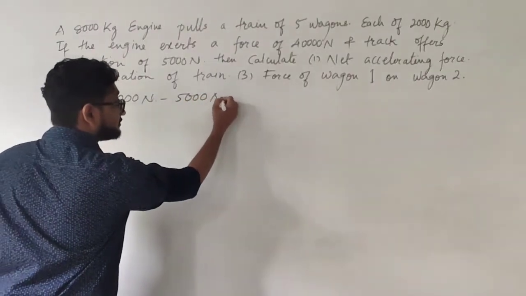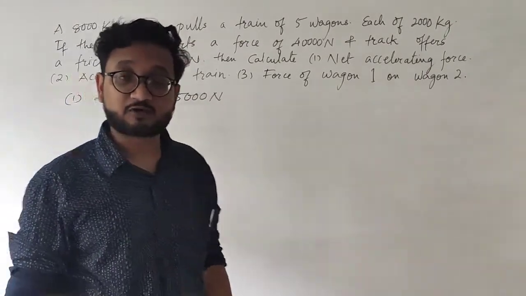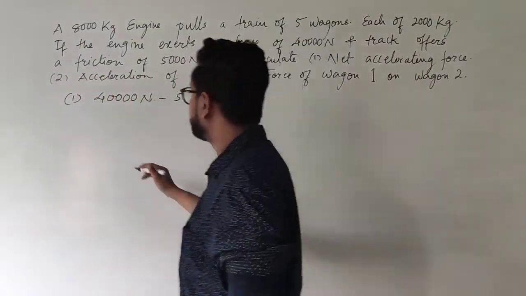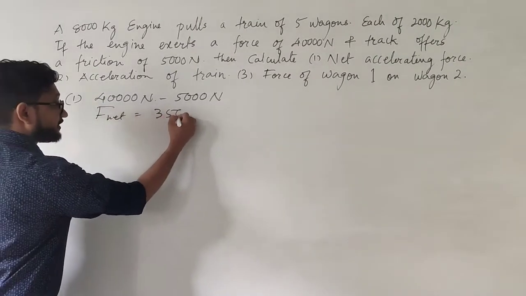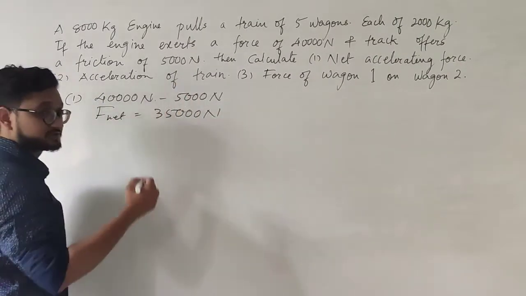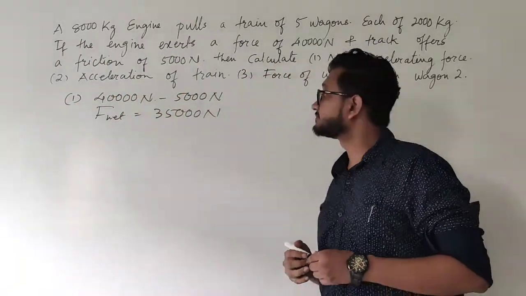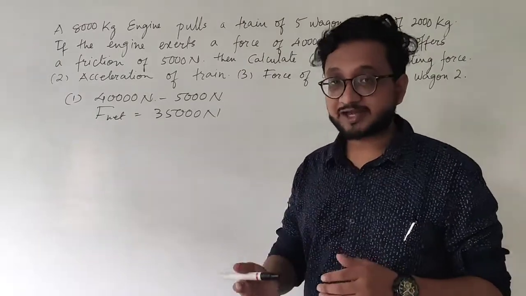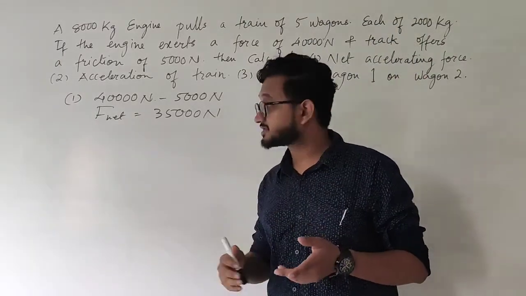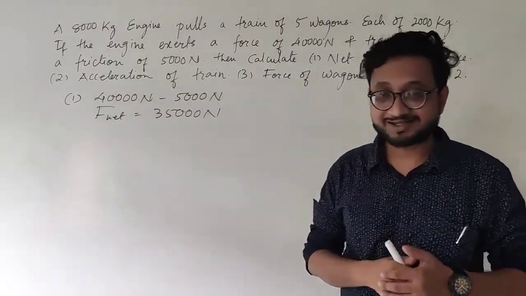So all you need to do is subtract the frictional force from the exerted force, and you will get the net force as 35,000 newtons. Okay, this is quite simple. Net force is force applied minus the force of friction. This is simple. So the first part is easy.